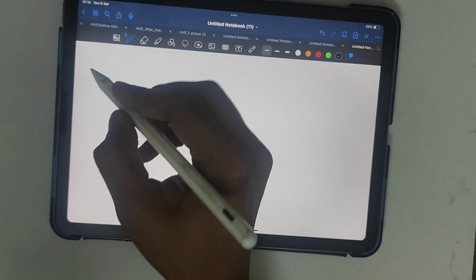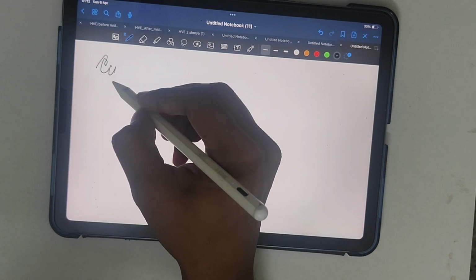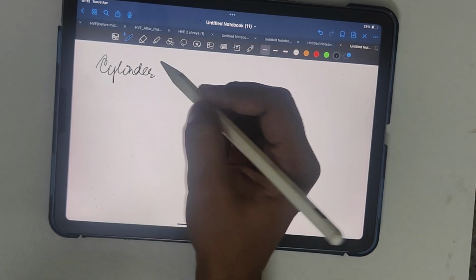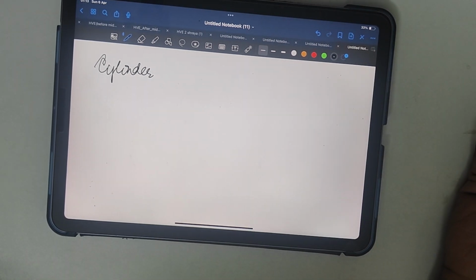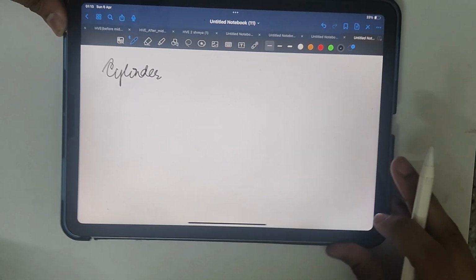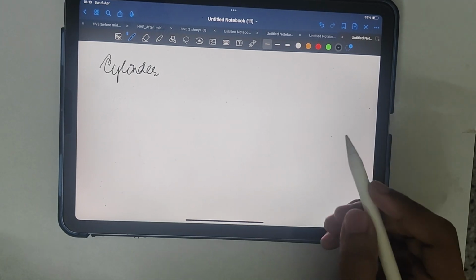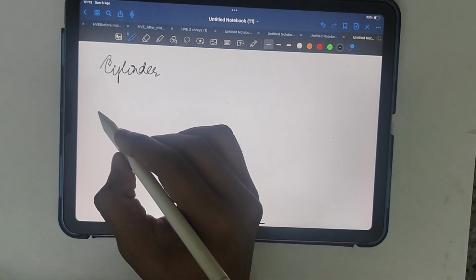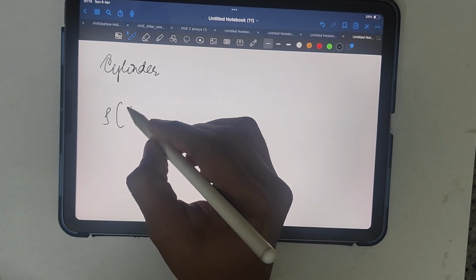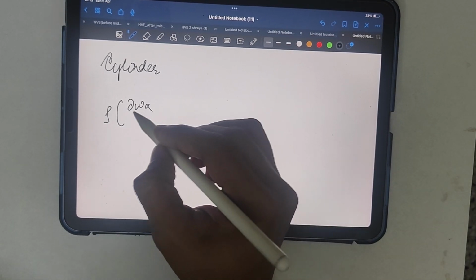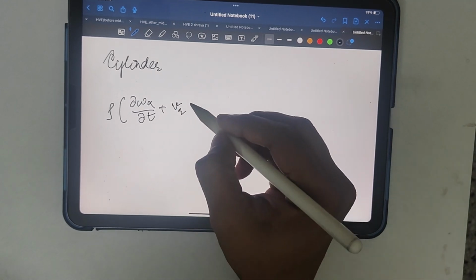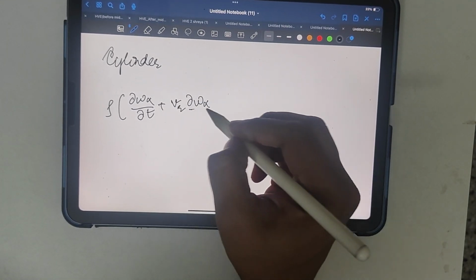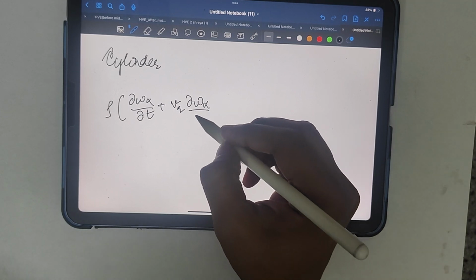In the problem we have been given a cylinder or a pipe, so it's more logical to assume cylindrical coordinates as r theta z, in which the equation of change becomes as follows: rho times dou W alpha by dou t plus Vr times dou W alpha by dou r.